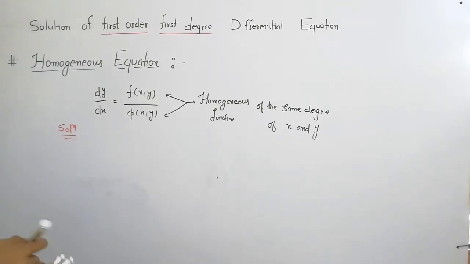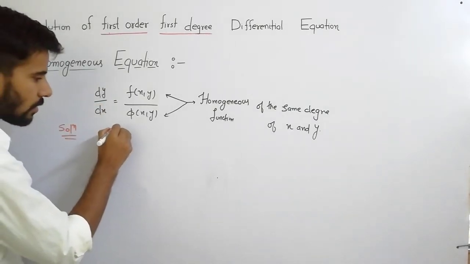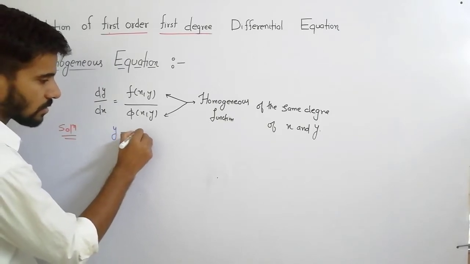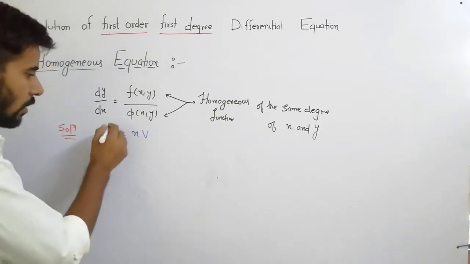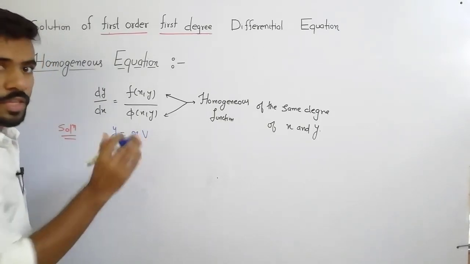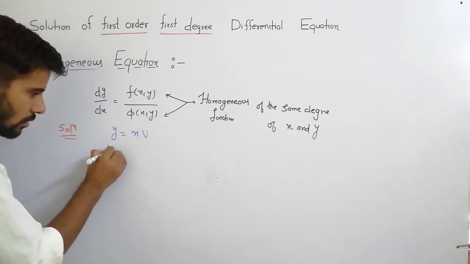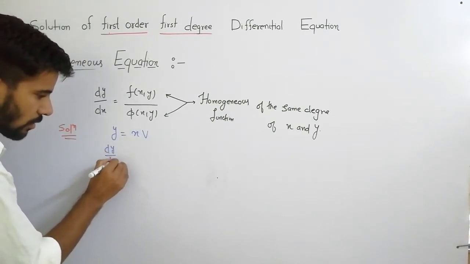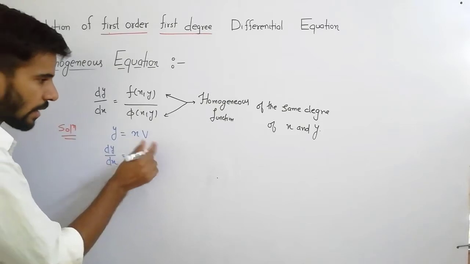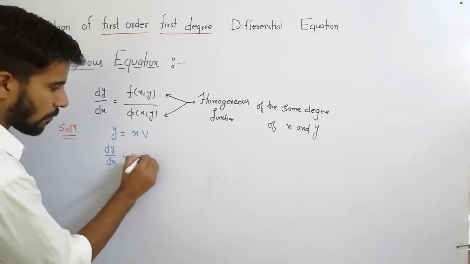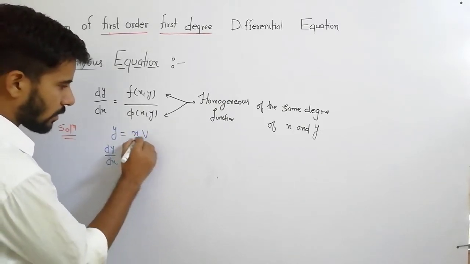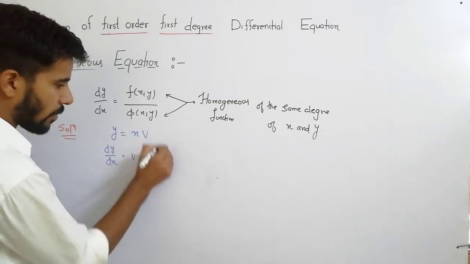If the differential equation is in this form, then for the solution we put y equals v times x, then differentiate with respect to x. Using the UV method, dy by dx is v plus x dv by dx.